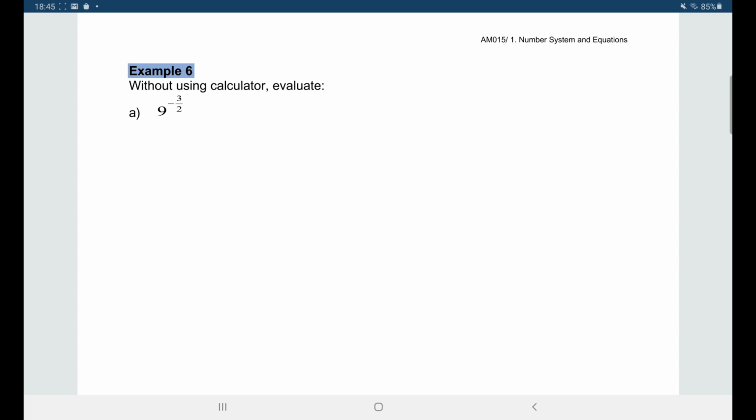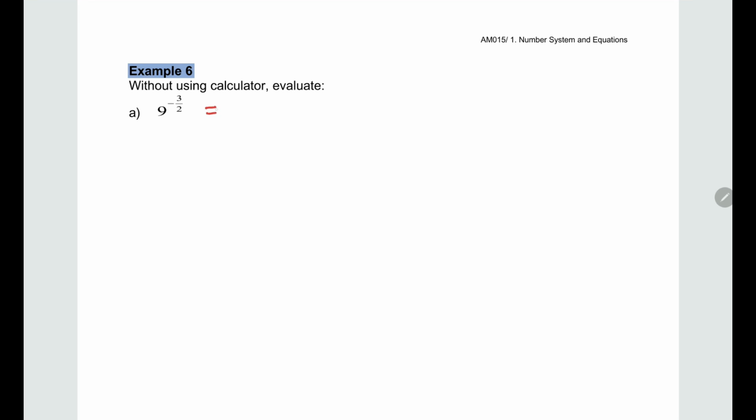Example 6. Without using a calculator, evaluate A, 9^(-3/2), which equals 1 over 9^(3/2).